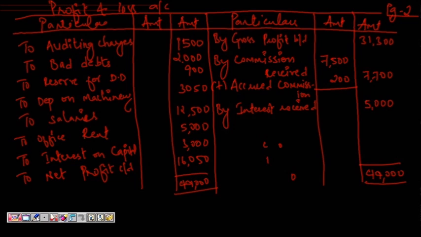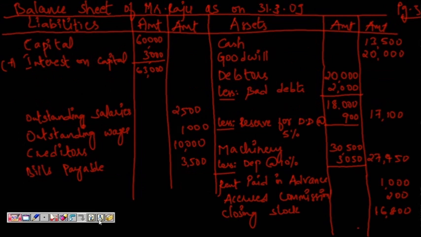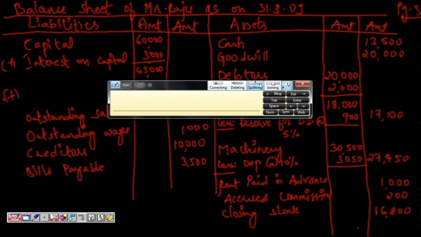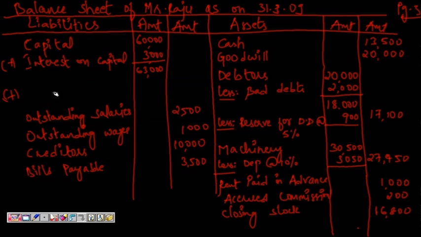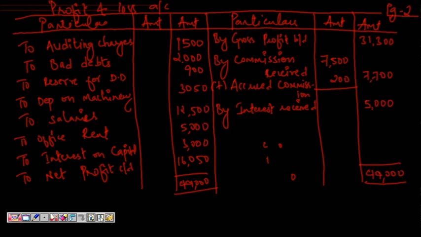We will write it in the balance sheet, on the liability side. We will add it to the capital, because net profit means it is increasing the capital. So you have to add it to the capital. So write net profit, the value of net profit is 16,050.